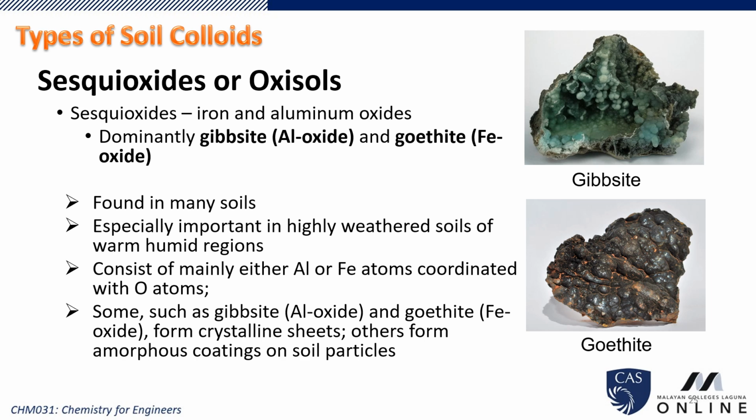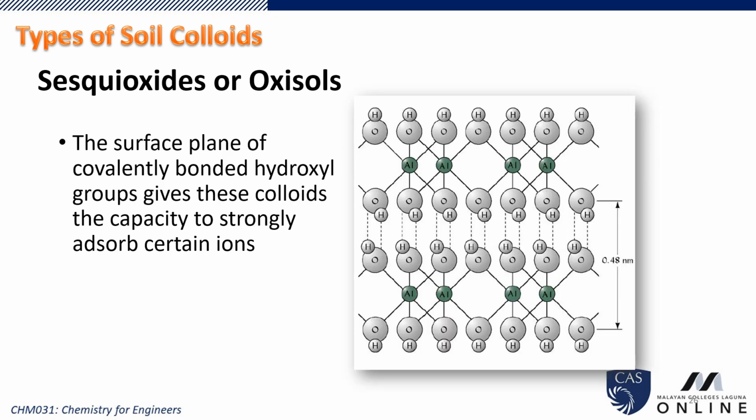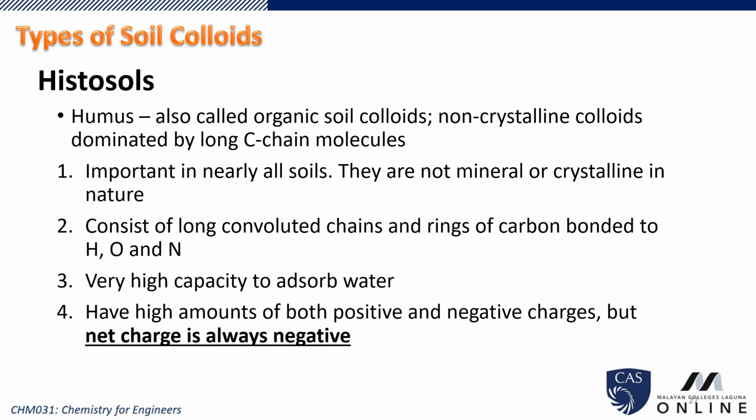Some, such as gibbsite and goethite, form crystalline sheets, and the others form amorphous coatings on soil particles. The surface plane of covalently bonded hydroxyl groups gives these colloids the capacity to strongly adsorb certain ions.